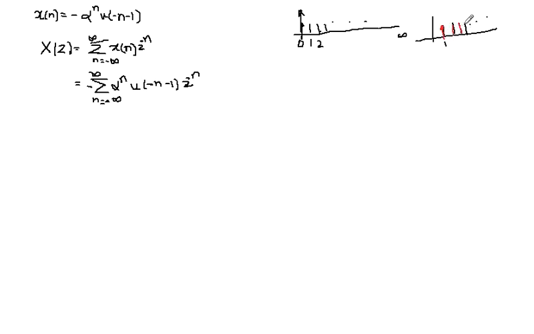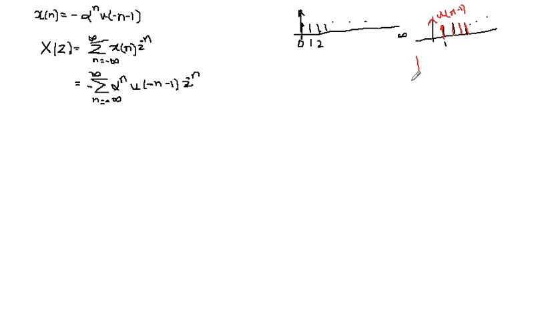And u of minus n minus 1 means it is the time reversed signal of u of n minus 1. When u of n minus 1 is time reversed, we get u of minus n minus 1, which looks in this fashion.